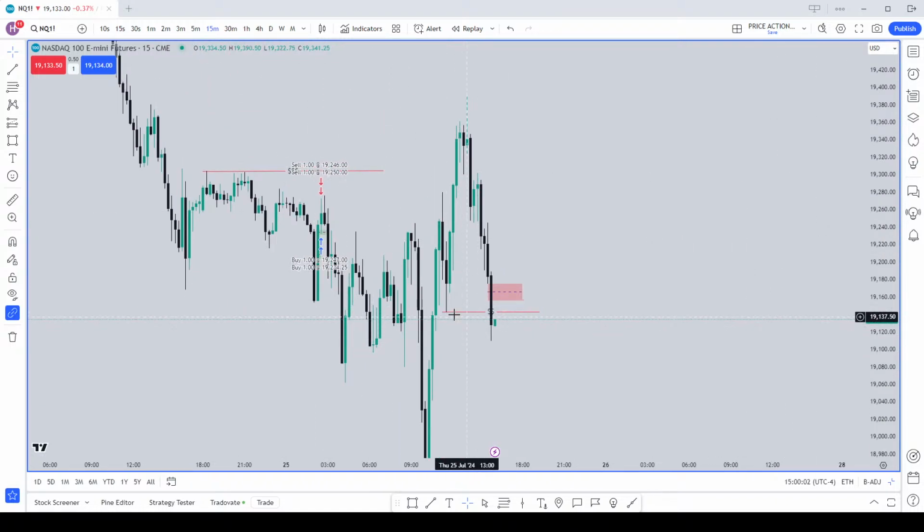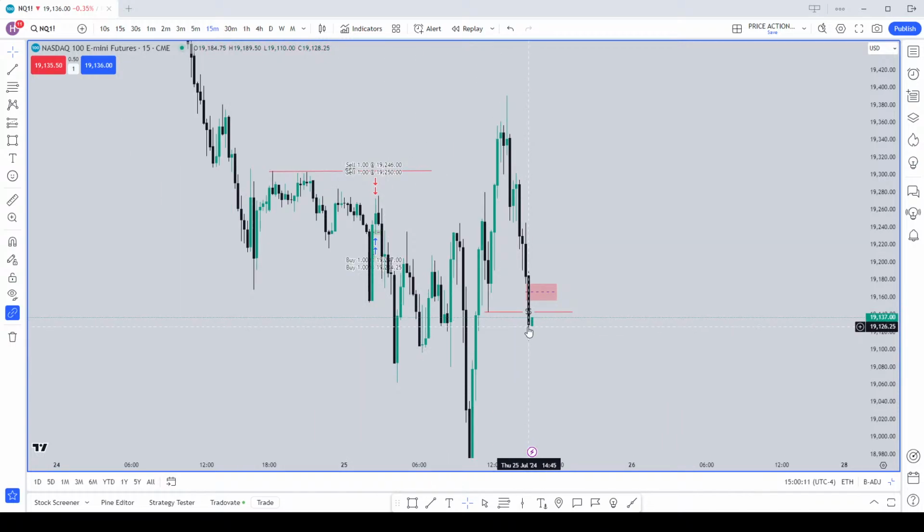So this 15 minute did break below this low and closed below it. So it's not just a wick, it's an actual break below it. And I do see this green candle could be creating a wick to potentially go lower.